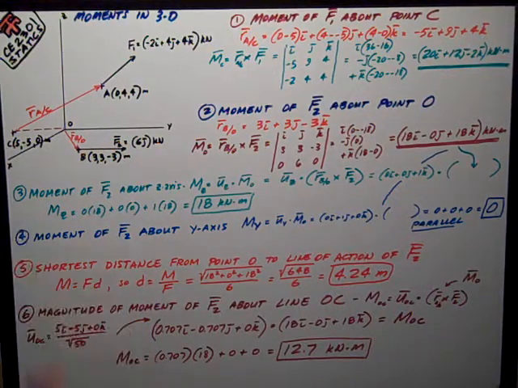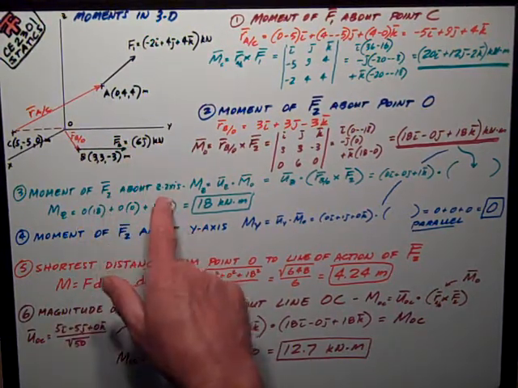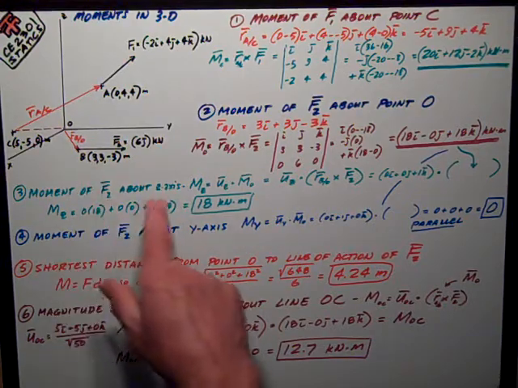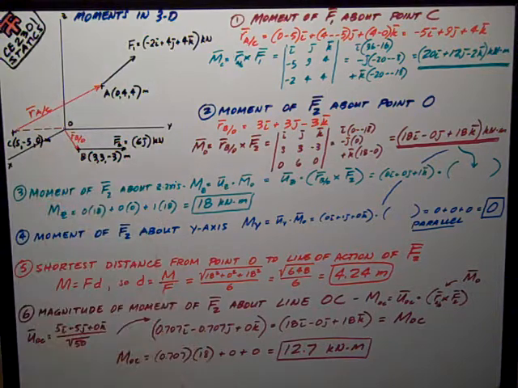Part 3. I'm going to use another equation from my equation sheet. I want to know the moment of F2, the force 2, about the z-axis. Well, it's nice I've already got the moment about point O because that lies on the z-axis. So I go over to my equation sheet.